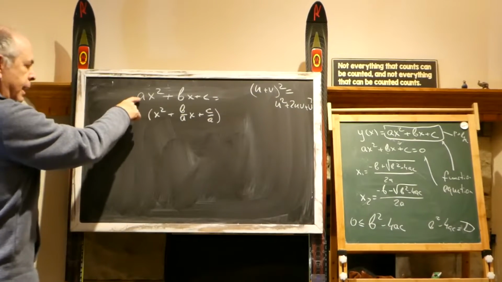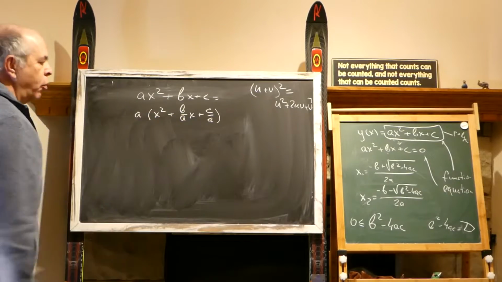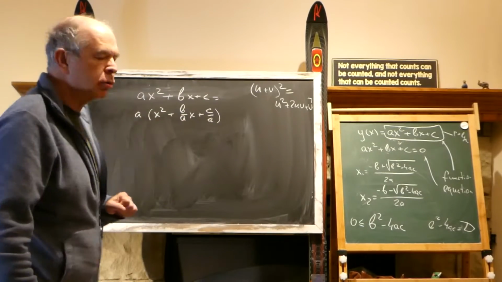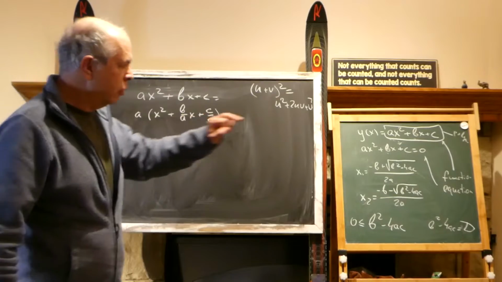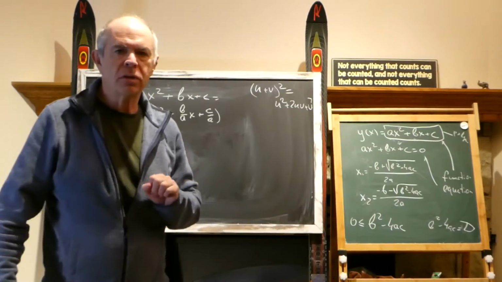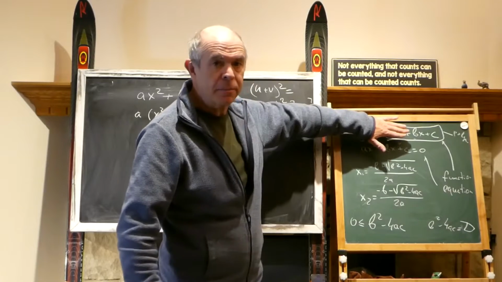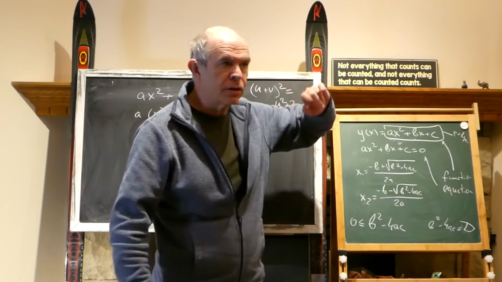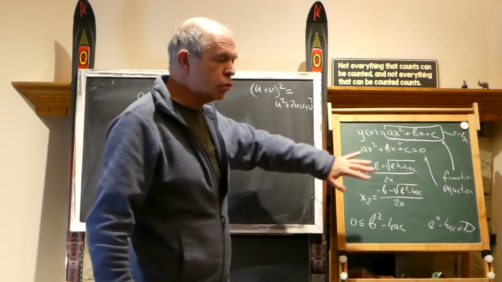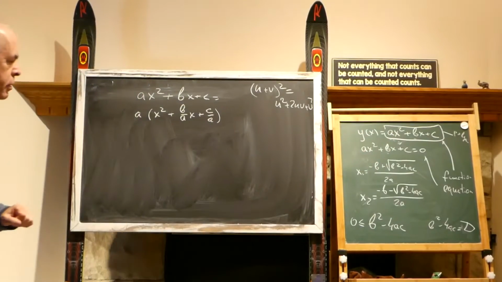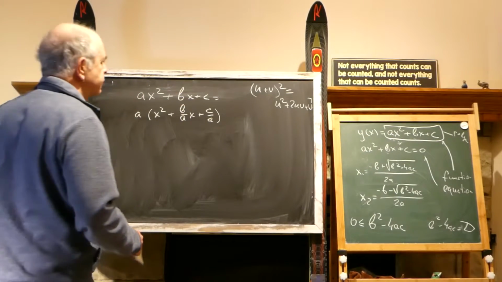You see, I can take a out and divide by a here, put a into the denominator, because I know that a is not equal to 0. Because if a is equal to 0, this becomes a polynomial expression of the first degree, and we're talking for sure about the second degree.